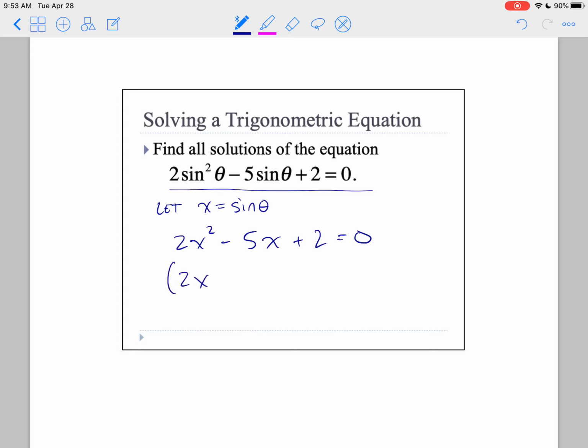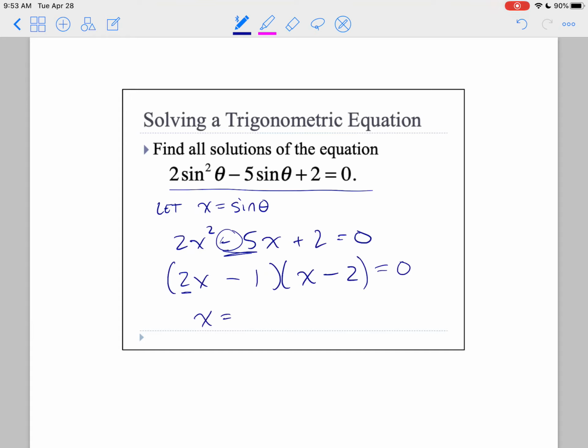So 2x and x is the only way I'm going to get a 2x squared. And then the only way I can multiply two numbers to get a positive 2, with a negative in the middle, is if one of them's negative 2 and the other one's negative 1. And so I want negative 2 to be multiplied by the 2 over here to make me a negative 4, minus another 1x will give me the minus 5 that I have in the middle.